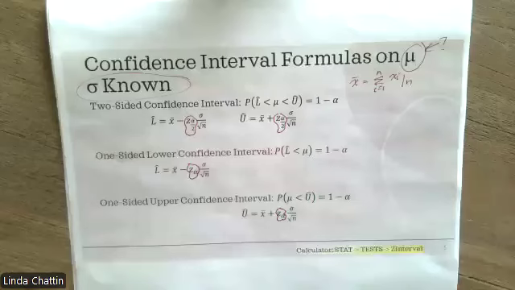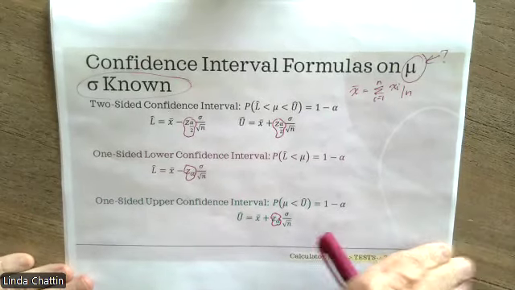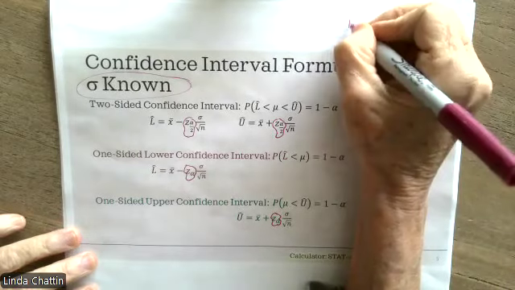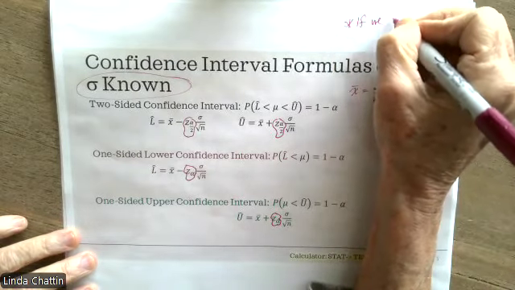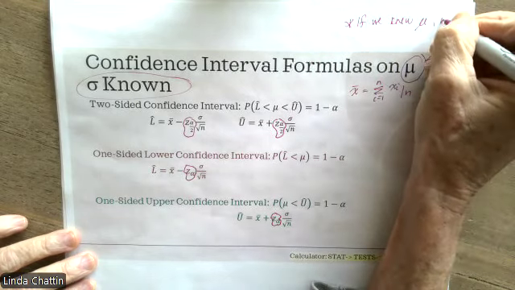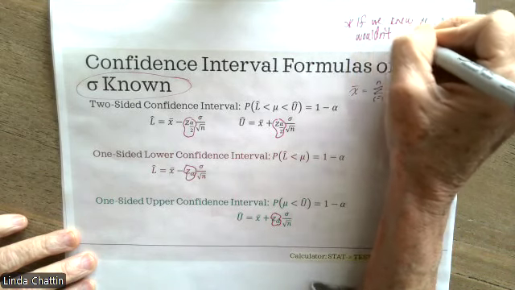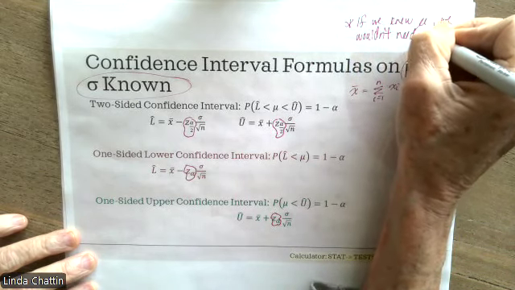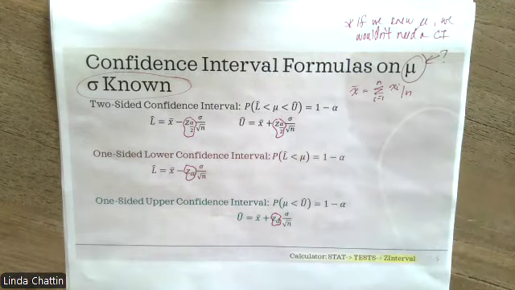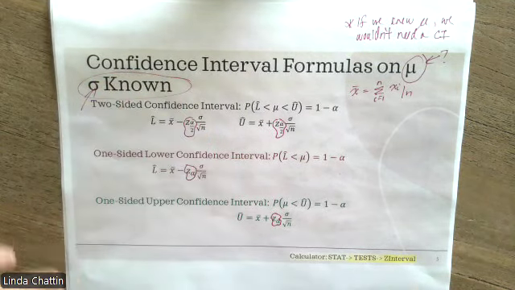So if we knew what mu was, we wouldn't be doing this in the first place. So that's an important point. If we knew what the population mean was, we wouldn't need a confidence interval. So it's unknown. Okay, now, again, this sigma is going to be assumed to be known.